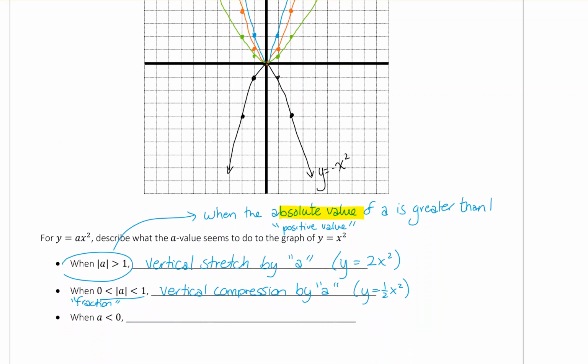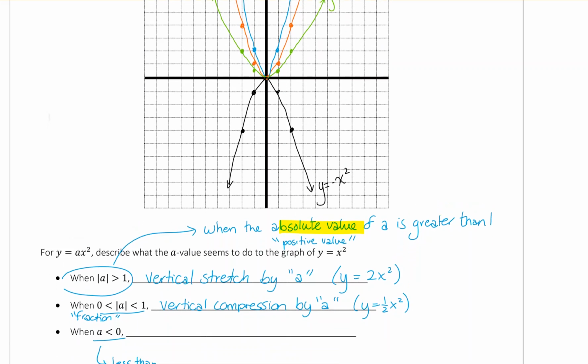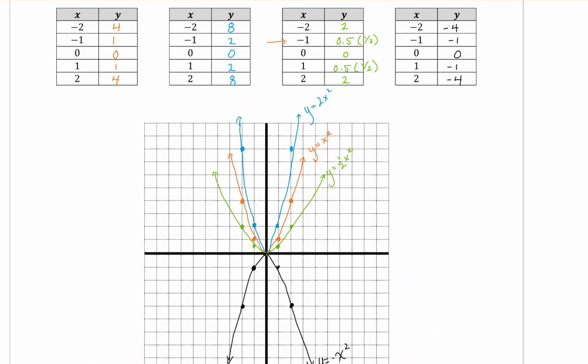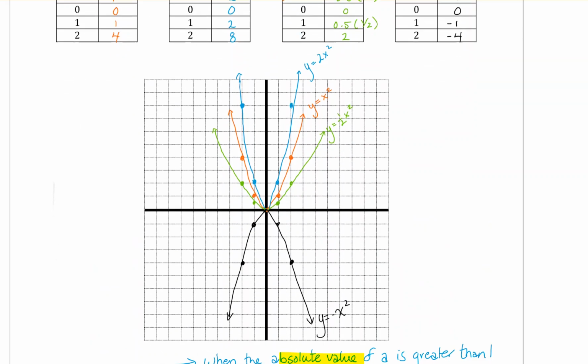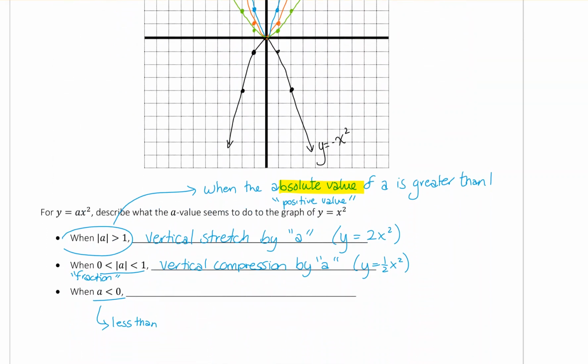Okay, and then our last one, when A is less than 0, so when it's a negative value, although you didn't see it in the equation, it's up here, because there's a negative out front, you know it's -1. When it's less than 0, what you've noticed is it's been flipped over the x-axis. You can imagine one of those symmetry mirrors you used in elementary school.